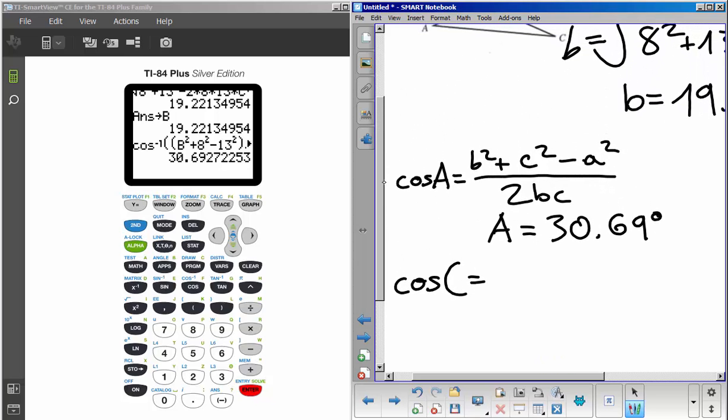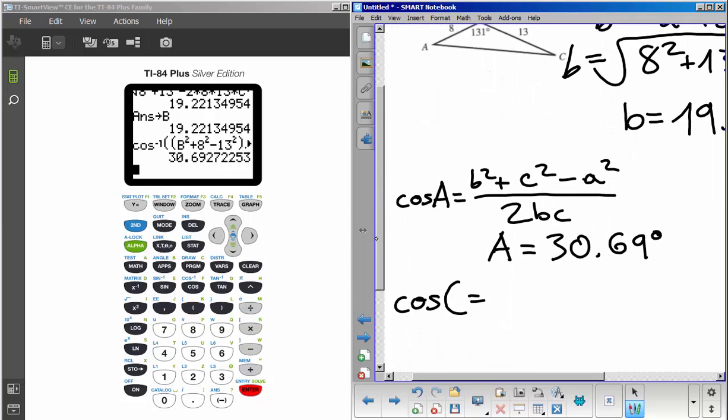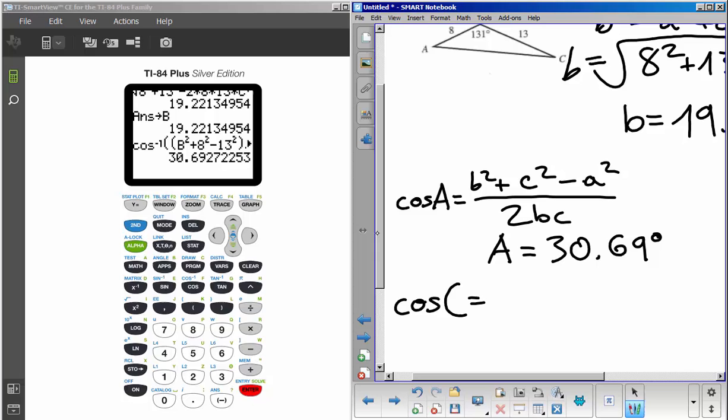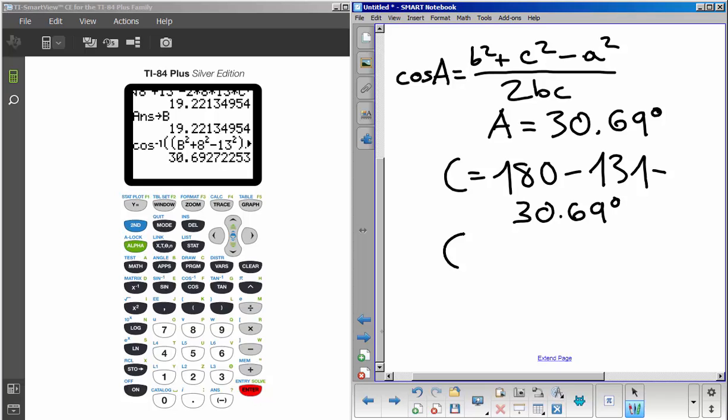We're just going to do 180 minus 131 minus 30.69, which gives us C. Come back to our calculator. Pointer. Thank you.